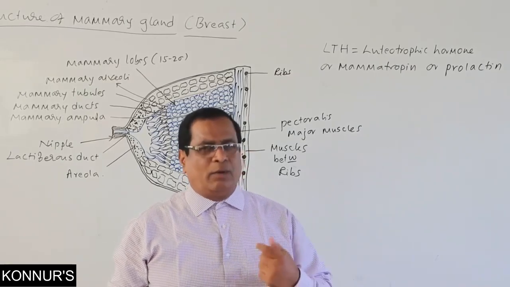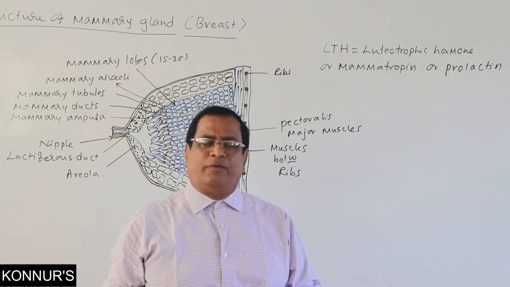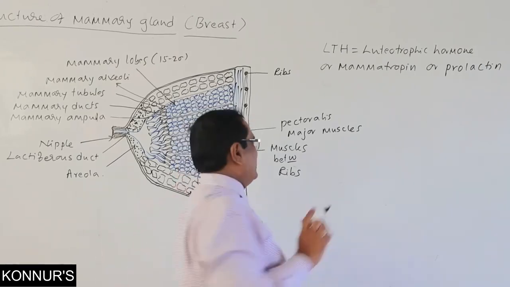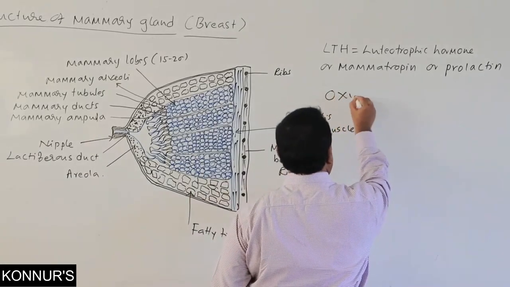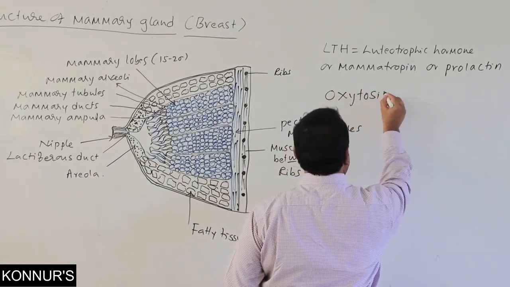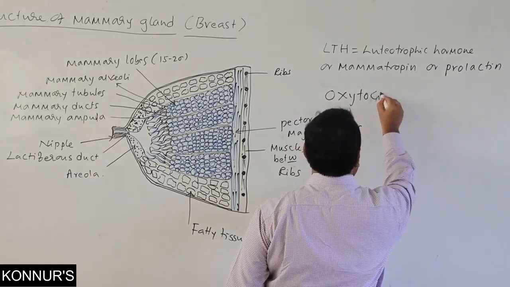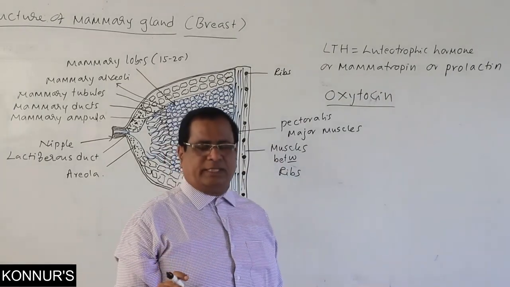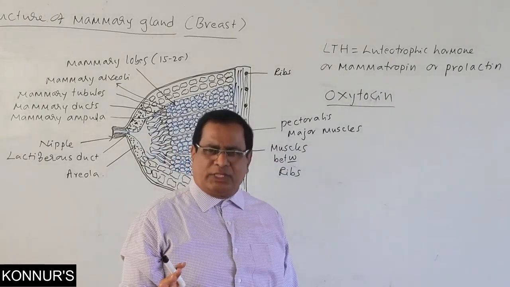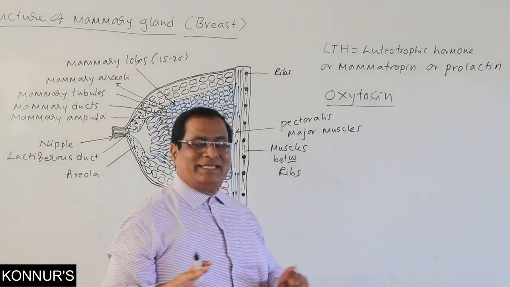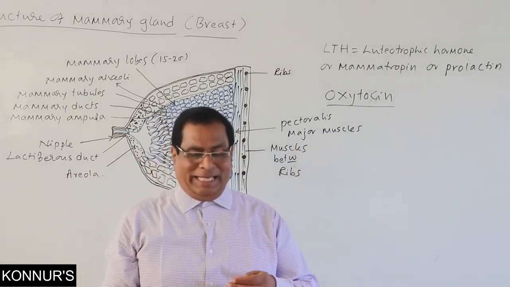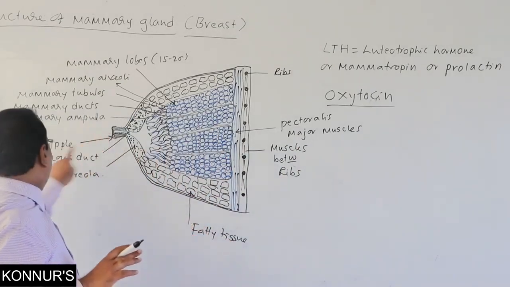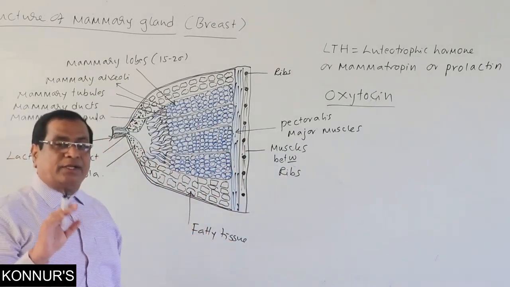And one more hormone of the pituitary is involved, that is oxytocin. This oxytocin is a hormone of the pituitary only, but it is meant for ejection of milk from the opening of the lactiferous duct after childbirth.